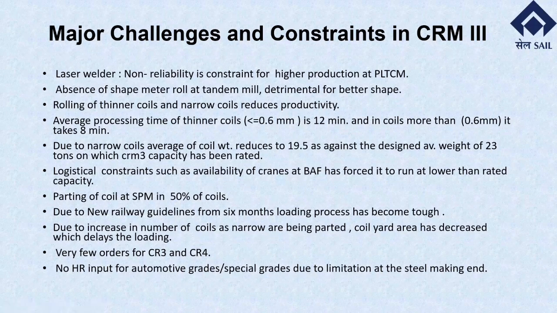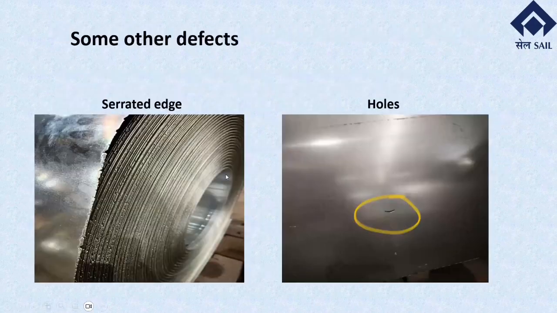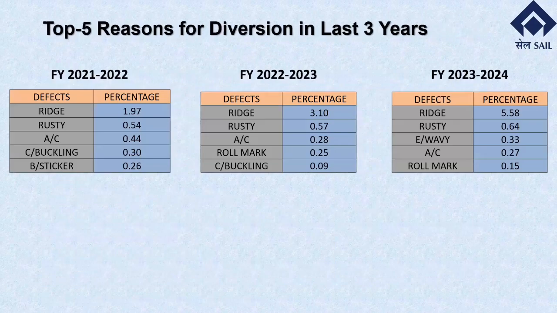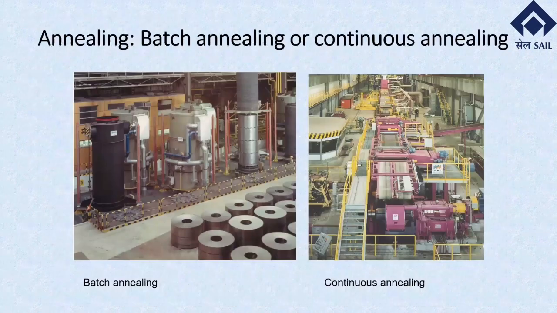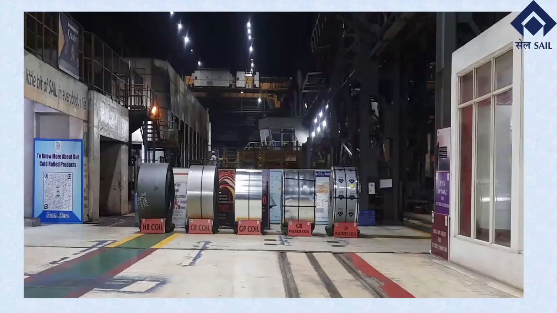Sir, actually, OD in narrow coils is higher. Our design capacity is a maximum of 2 meter OD, and for a 2 meter coil the maximum weight can be 20 tons.